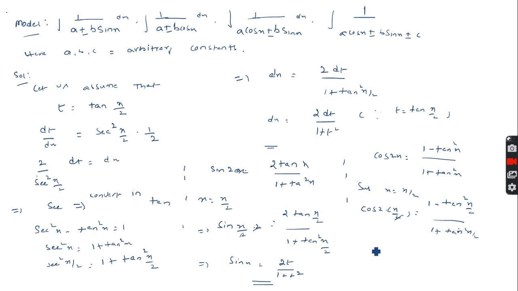This 2 will be cancelled and we get cos x equal to 1 minus t square by 1 plus t square, since t is equal to tan x by 2.